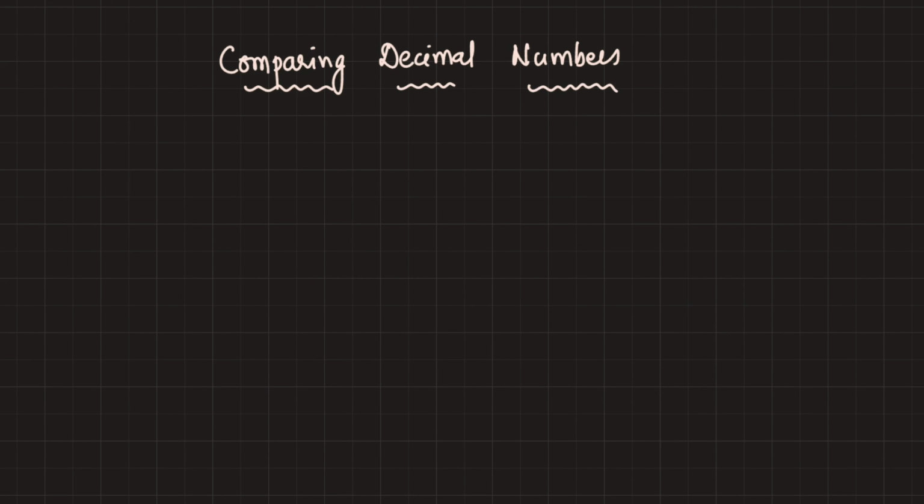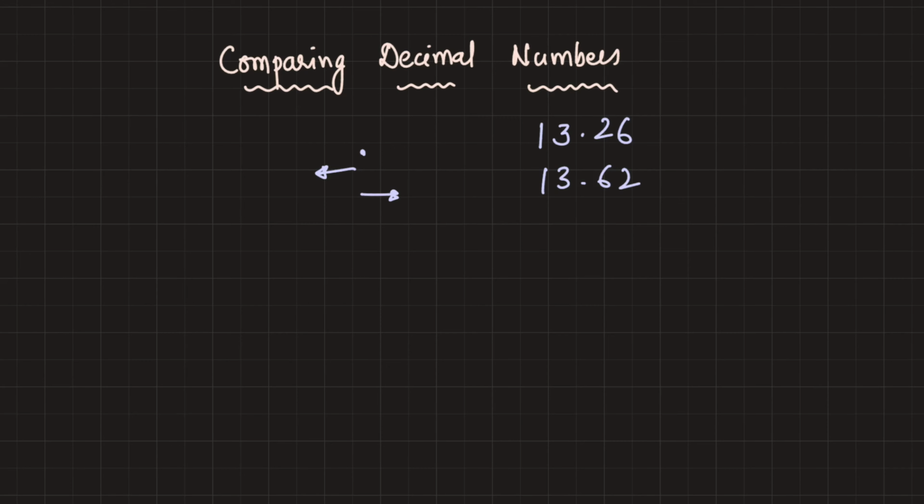Now let us see how we can compare two decimal numbers. So the first step would be to compare the digits to the left of the decimal point. And if those are the same, we compare the digits to the right of the decimal point, one place at a time. For example, say we need to compare 13.26 and say 13.62.